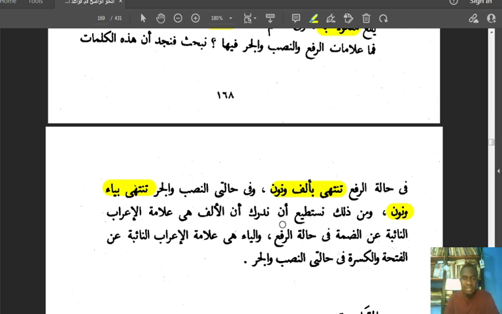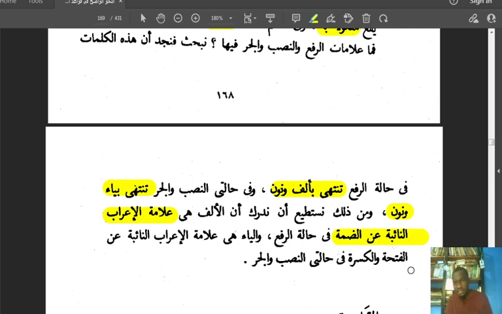ومن ذلك نستطيع أن ندرك أن الألف, and from that we can realize, we can know, that ألف هي علامة الإعراب النائبة عن الضمة. You can know that alif is the sign of إعراب, علامة إعراب النائبة عن الضمة, that comes to replace what? Dhamma. Because when the word is singular, the alama, the sign that shows it is rafu, is what?